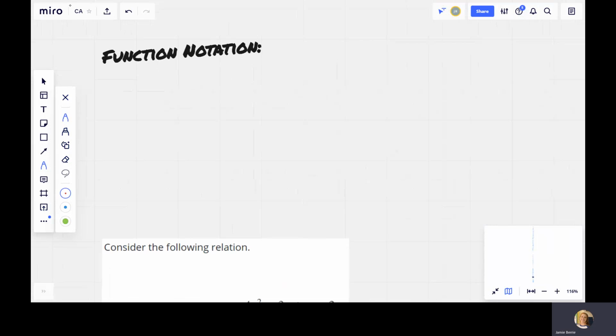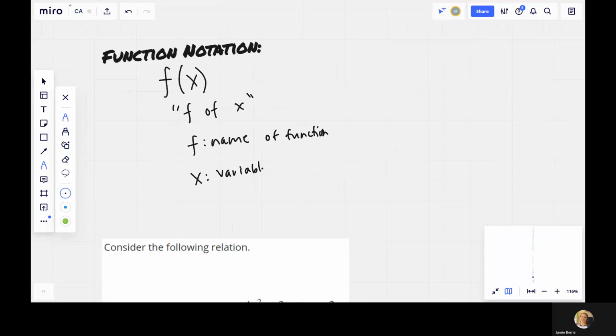So function notation is traditionally written as f of x. So you read this f of x. Here f is just the name of the function, and x is your variable. This is the number that you're plugging into your function.